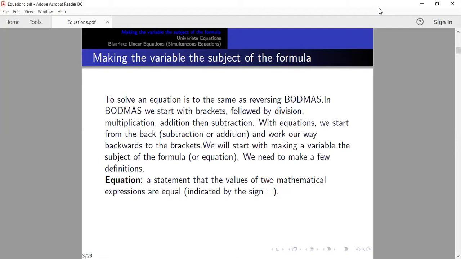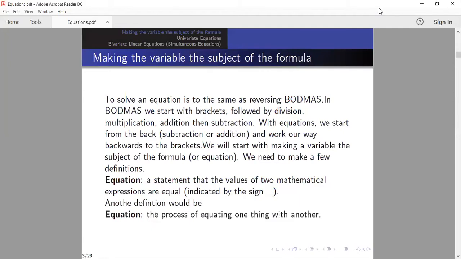What does that mean? It means you will have two mathematical expressions. They are expressions for as long as they are just there. Up until these two mathematical expressions are separated by that equality sign, it is not yet an equation. Only when we include that equality do we then get an equation.